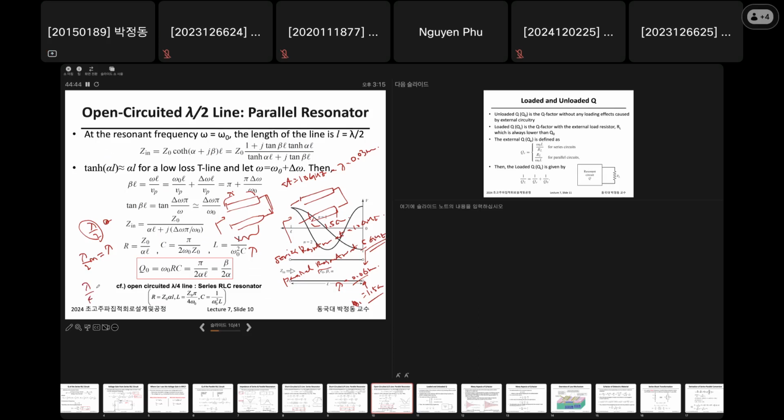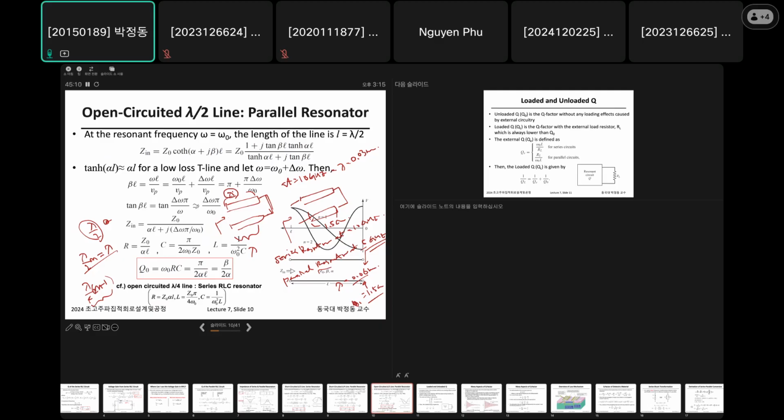Lambda over 4 and n is odd, then you have a parallel network. Understand? Therefore, this line is a series network. But this can also be a parallel network at a different frequency.